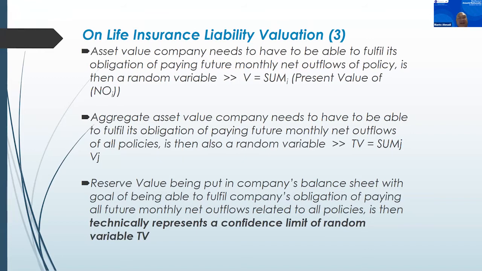So the value of asset the company needs to have at this time to be able to pay all those net outflows in the future can be quantified as the present value of those net outflows in the future. But each one of those outflows is a random variable, and each one of those discount rates is also a random variable. So the present value of those two stochastic processes, you present value those things using the interest rate sequence. The present value is a random variable.